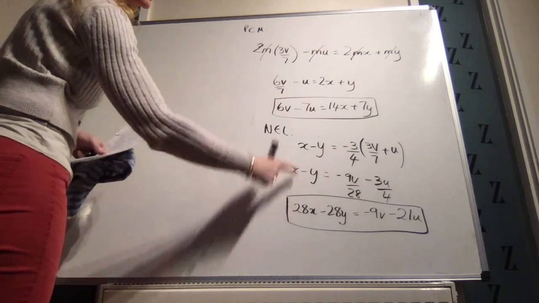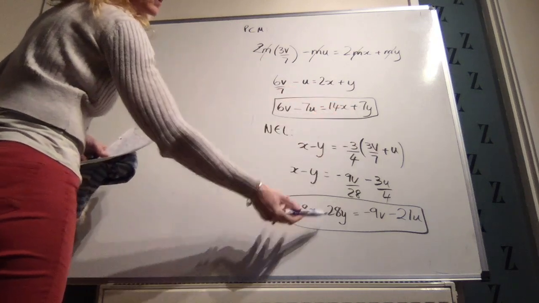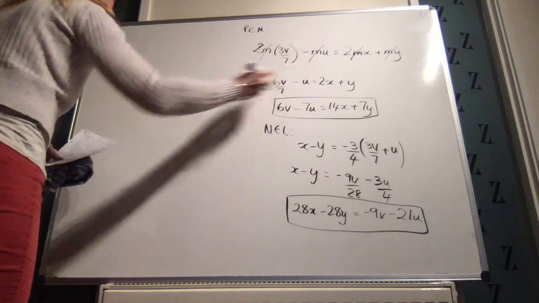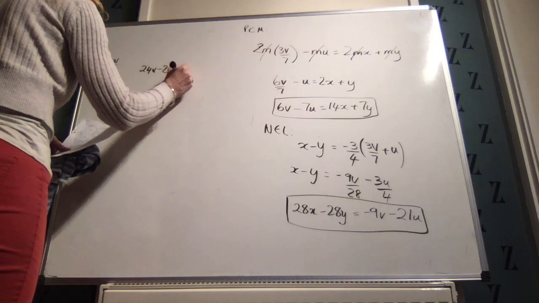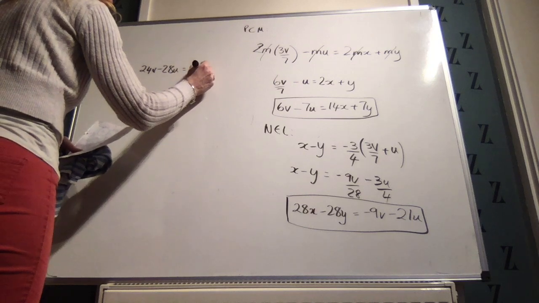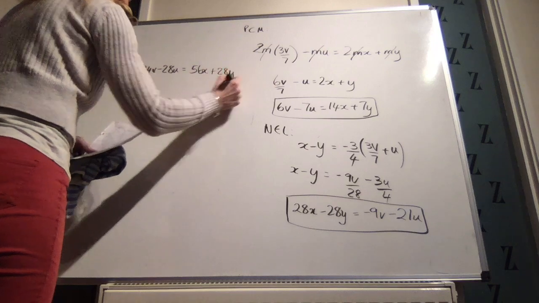So we need to get rid of the y's from these two equations. If I multiply this y by 4, I will get 28y. So multiply all of this equation by 4: 24v minus 28u is equal to 56x plus 28y.